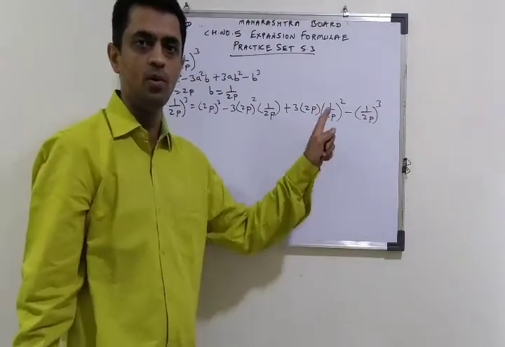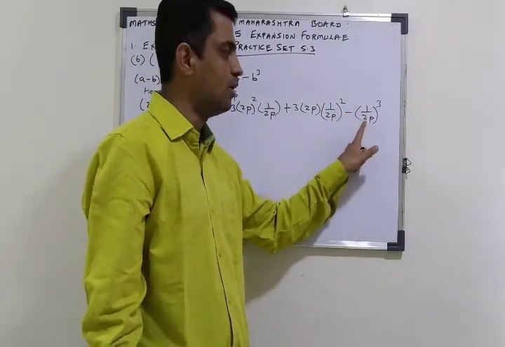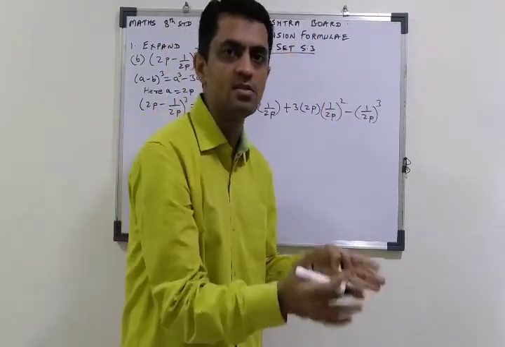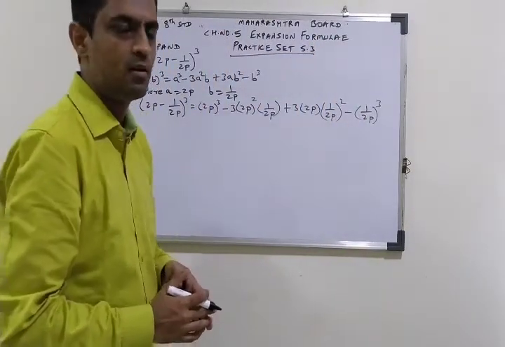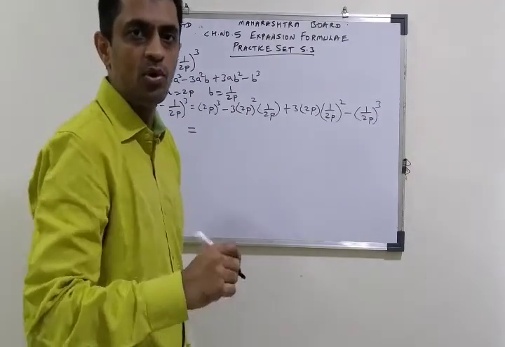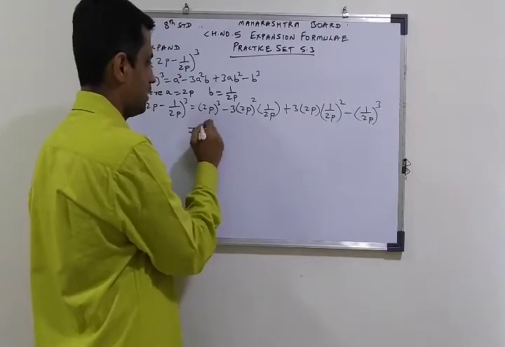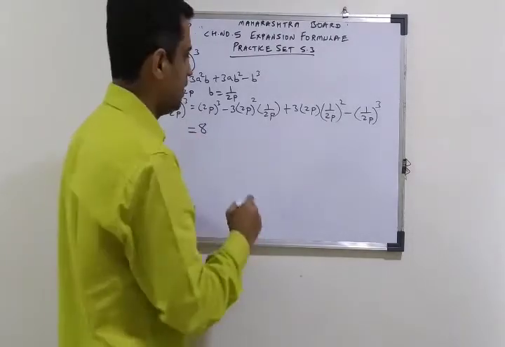Remember, whole cube. Many students write cube only on 1. No, it is the whole cube. The whole fraction is in cube. Remember. After this, 2 cube will be what? 2 2s are 4, 4 2s are 8. So 8. P cube is what? P cube.